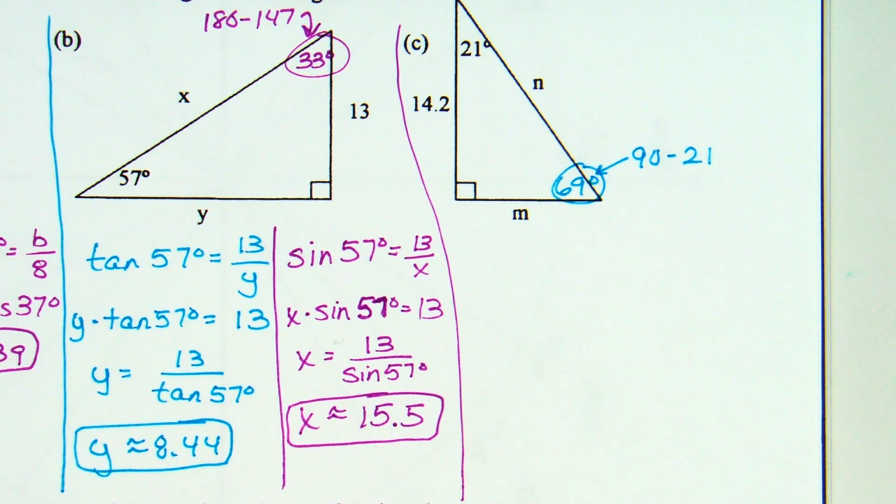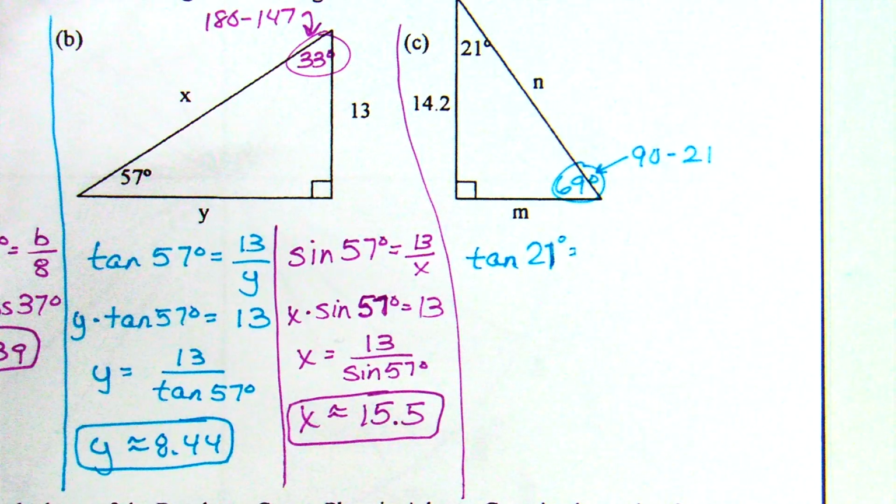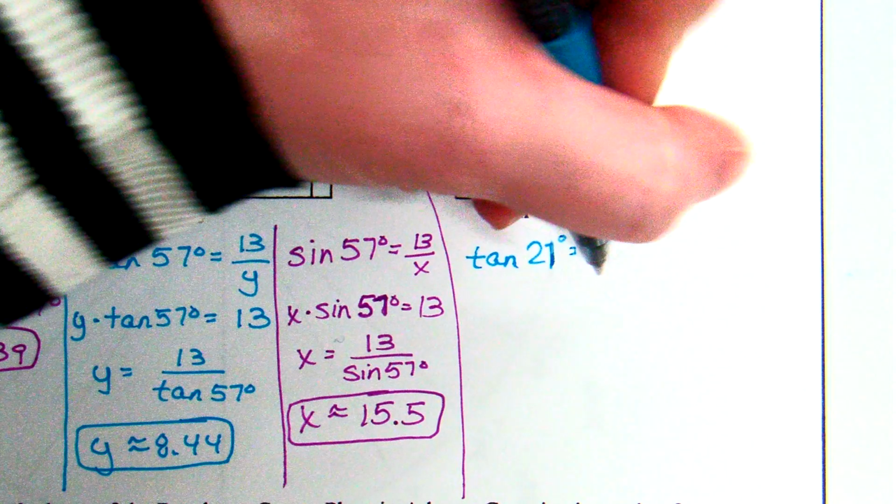So I've heard cosine of 21 and tangent of 21. Those two would give me my m and n, yes? Again, not going to argue you couldn't use cotangent. Let me start with tangent. Tangent of 21 is going to be equal to what? Opposite over adjacent, so m over 14.2.